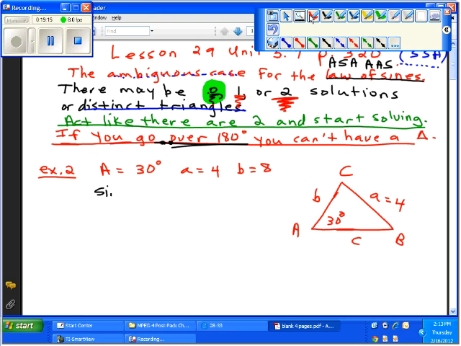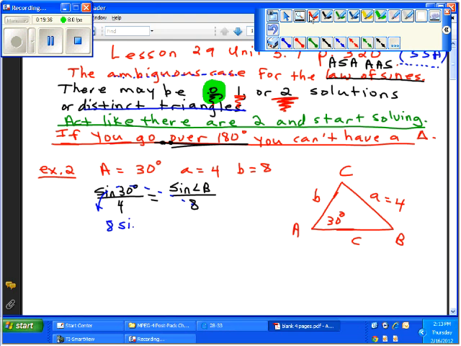Okay? So we're going to say sine of 30 degrees over 4, sine A over a, is equal to sine of angle B, which is what we'd be looking for, over 8. Now, to solve, we're going to cross multiply.